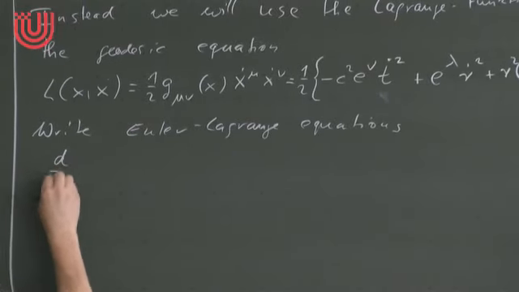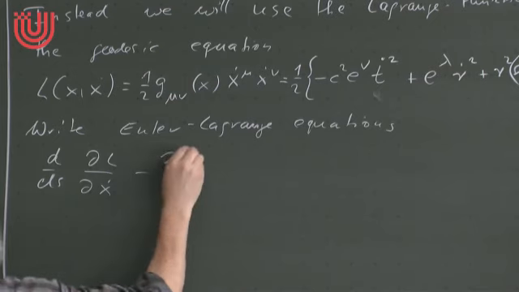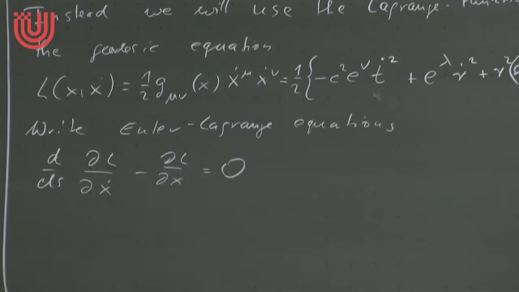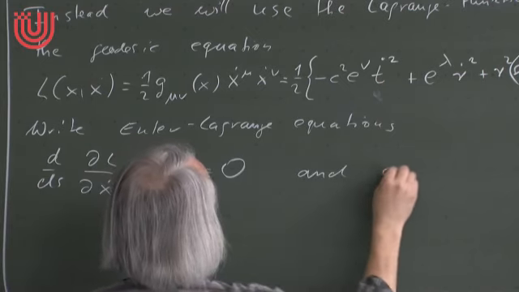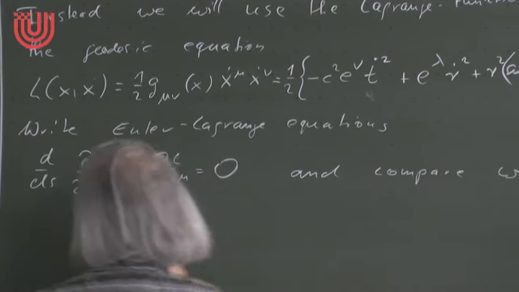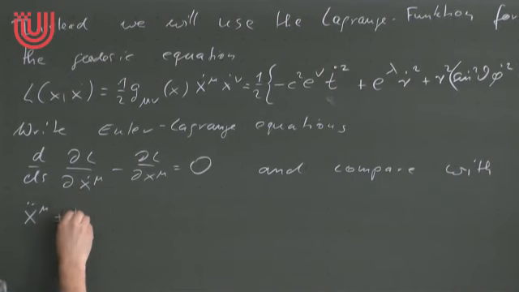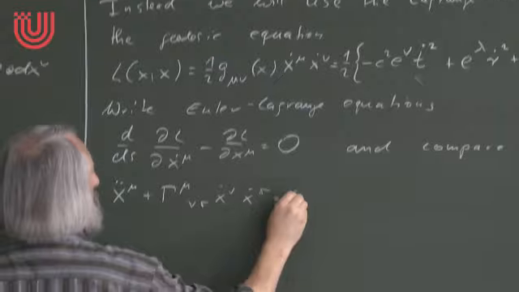So just to remind you, that's how they looked like: d by ds of dL by d x dot minus dL by dx is 0. And of course, we have to do this for all 4 coordinates. This is a geodesic equation. So what we get here must be equivalent with the equation x mu double dot plus gamma mu nu sigma x nu dot x sigma dot is 0.